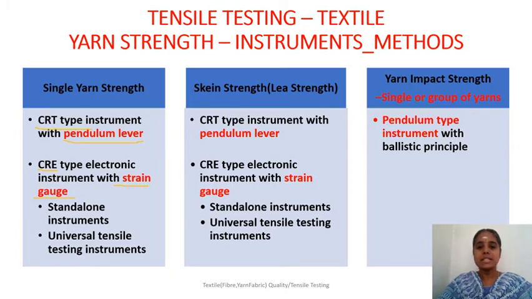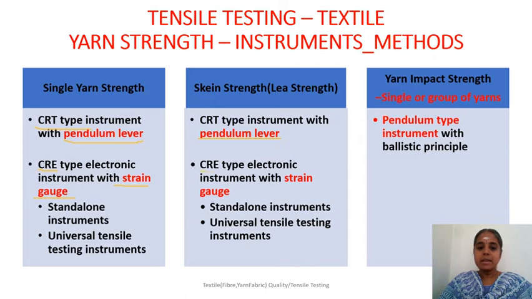So next is skein strength or lea strength. We have the CRT type instrument, constant rate of traverse, which is behind the pendulum lever, similar to single yarn strength testing. The jaws and the setup are slightly different, but the principle behind both the instruments is the same for single yarn and for skein or lea.